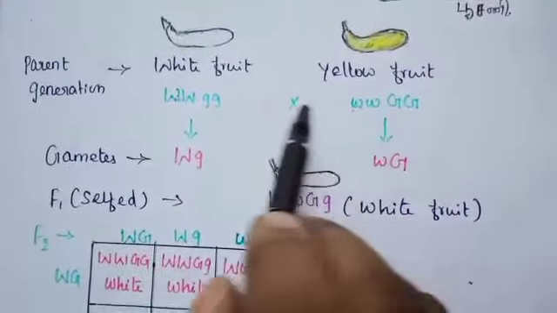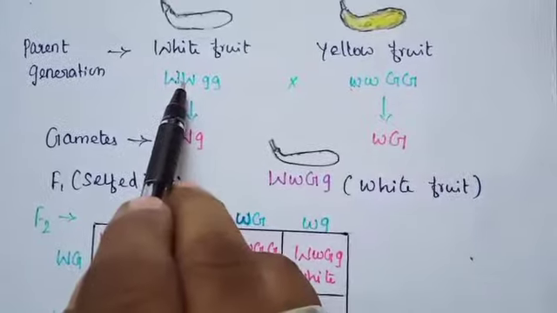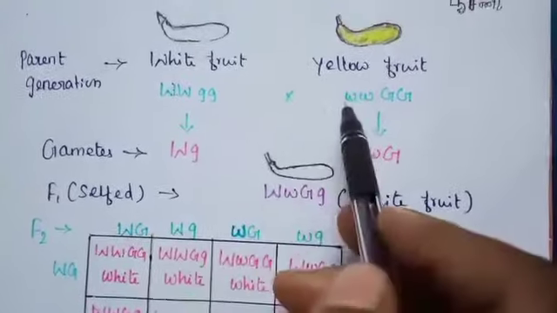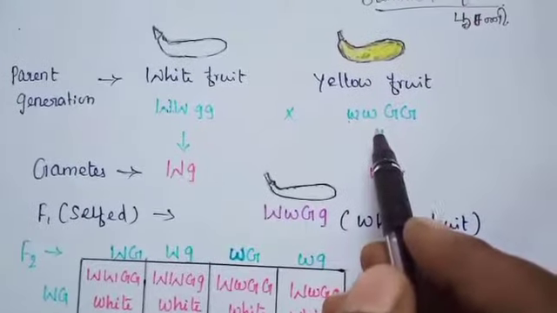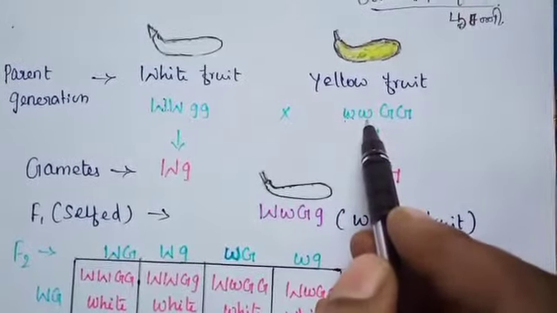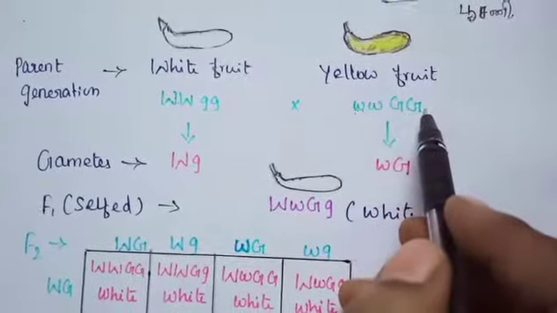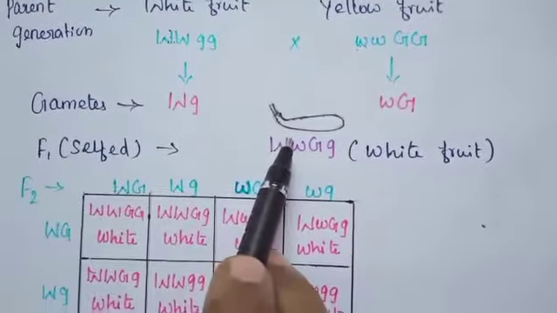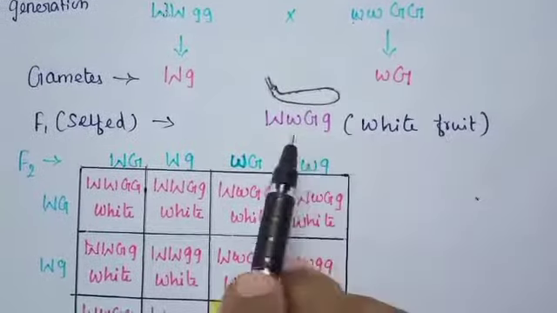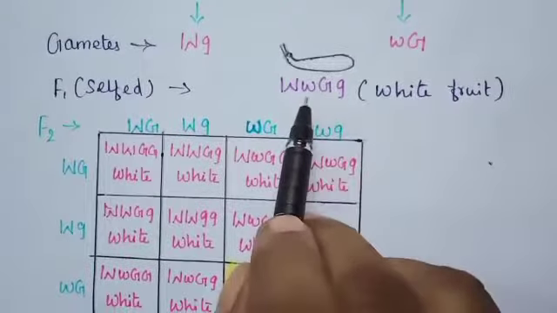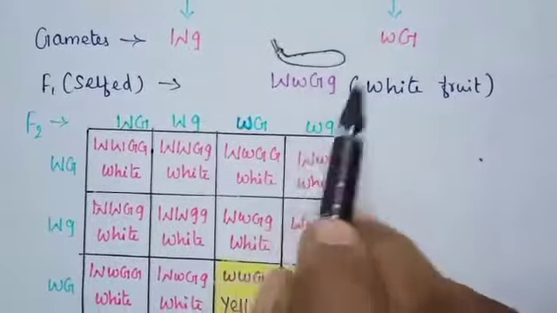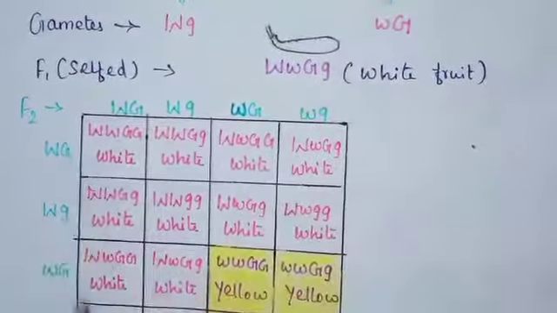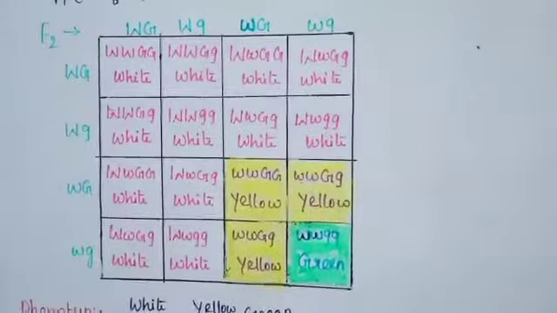When the white fruit with genotype capital W small g is crossed with yellow fruit with genotype small w capital G, the F1 plants have white fruit and are heterozygous. When F1 heterozygous plants are crossed, they give rise to an F2 generation in a 12:3:1 ratio.